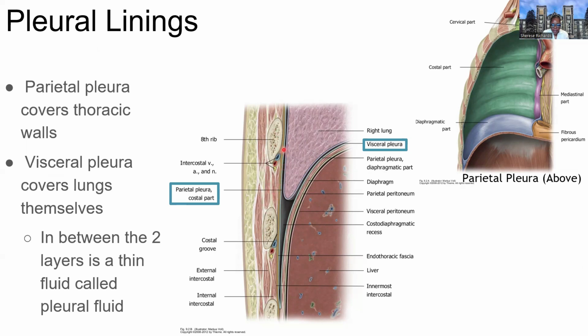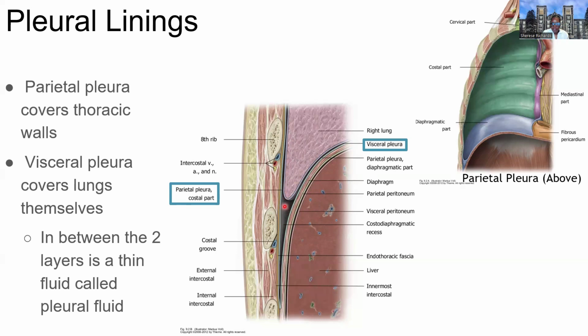And then here is the fascia, the endothoracic fascia that lines the thoracic cavity. So the parietal pleura is tightly adhered to the thoracic wall by that fascia. And then the visceral pleural layer is going to be tightly adhered to the lung itself. Now, in between the parietal and the visceral, we're going to have the pleural cavity.